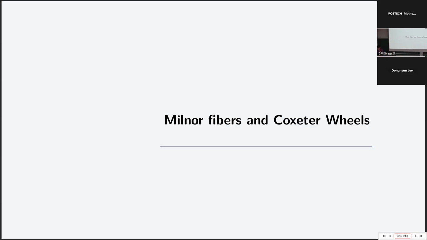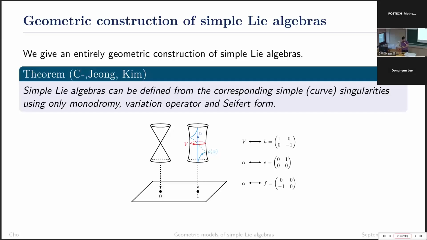Excuse me, do you mean the simple Lie algebra corresponds to curves on the Milnor fiber, on the regular fiber? Yes, I'm using the regular fiber. This regular fiber has a homology class, and it has this distinguished arc alpha. So I take this alpha and its orientation reversal alpha bar, and I'll define the Lie bracket using intersection numbers later on, and that becomes isomorphic to sl2.